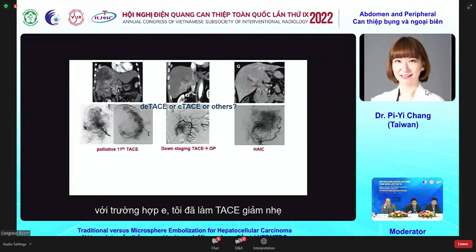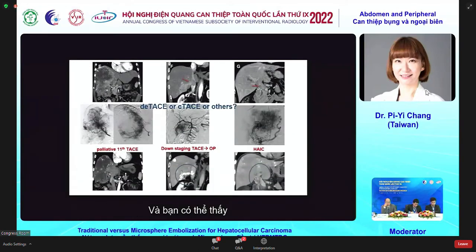For case E, I had done palliative TACE for 11 times. And you can see the response are good. For case F, I have done downstaging TACE. So you can see the lipid retention in the tumor and IVC as well, so the patient has another chance to accept operation.